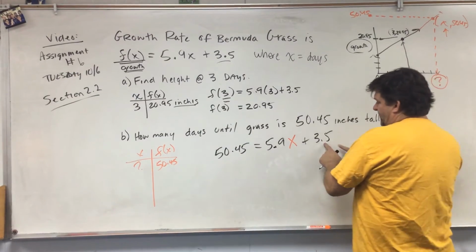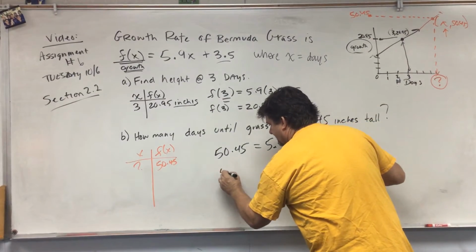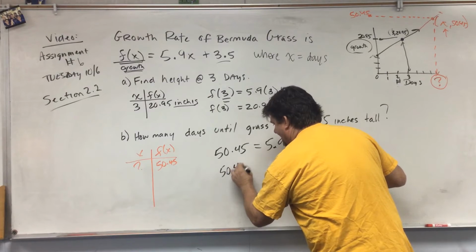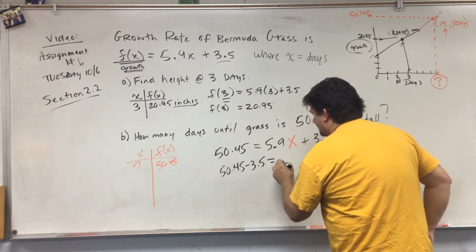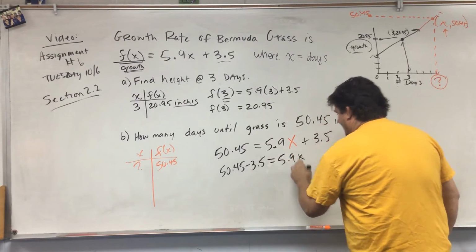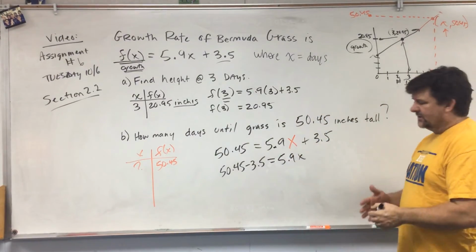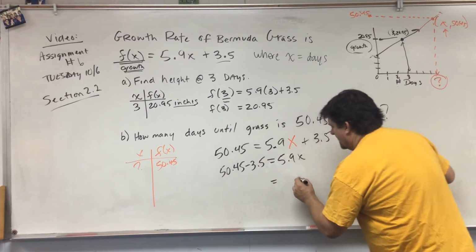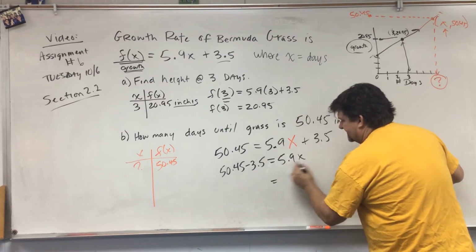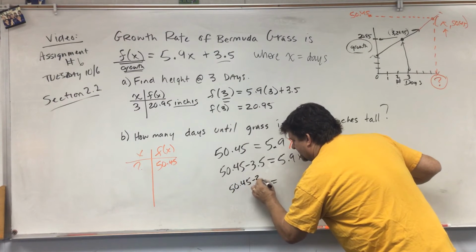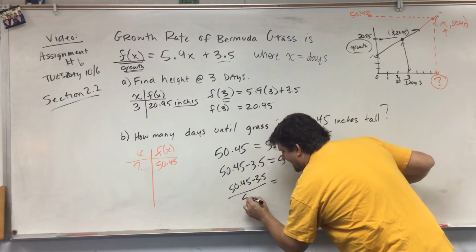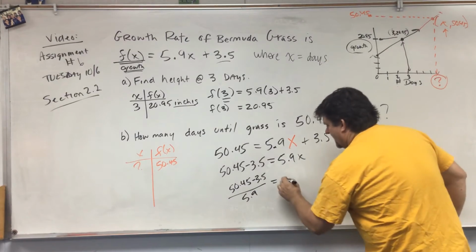You're going to subtract 3.5 from both sides. So I get 50.45 minus 3.5 equals 5.9x. I don't have my calculator, so I'm going to make it look a little different, guys. I'm going to divide both sides by 5.9, so I'm going to get 50.45 minus 3.5 divided by 5.9 equals x.